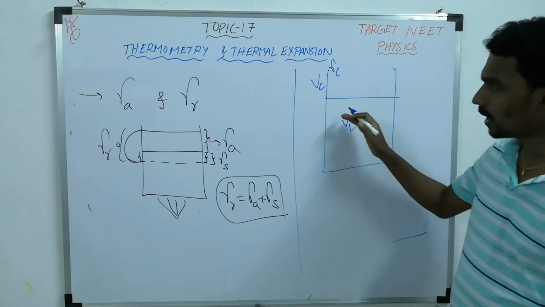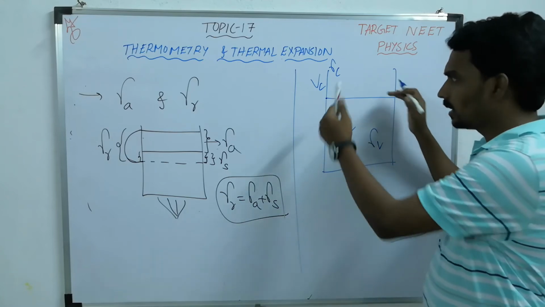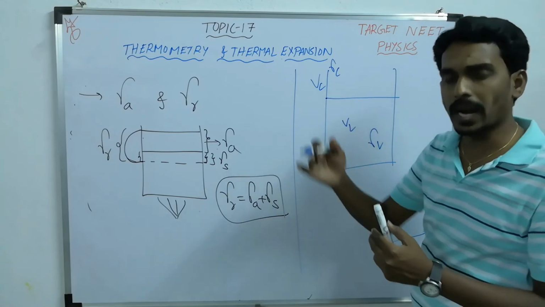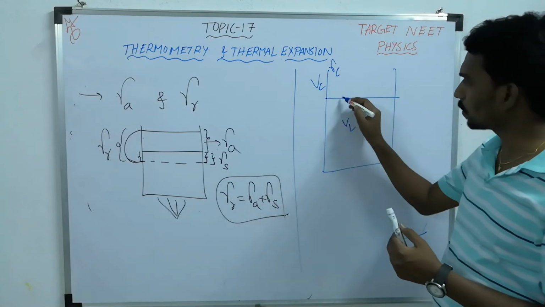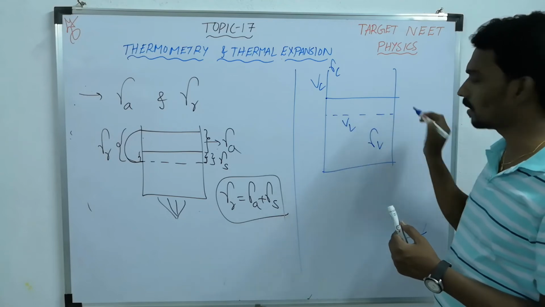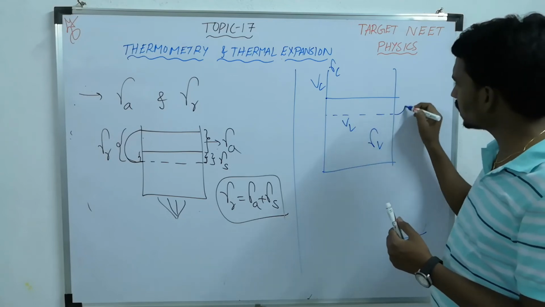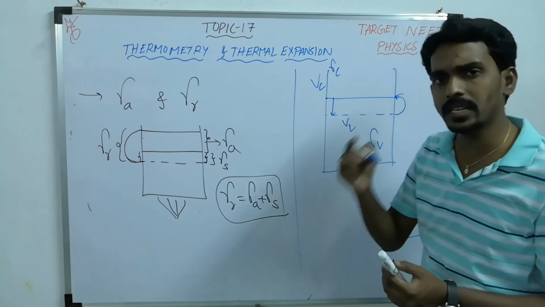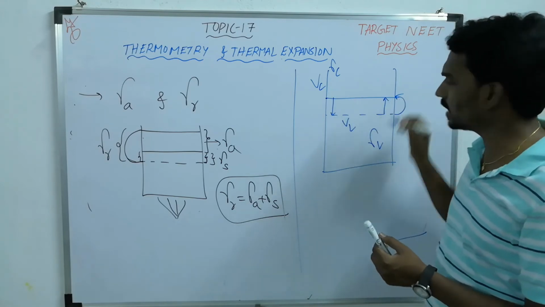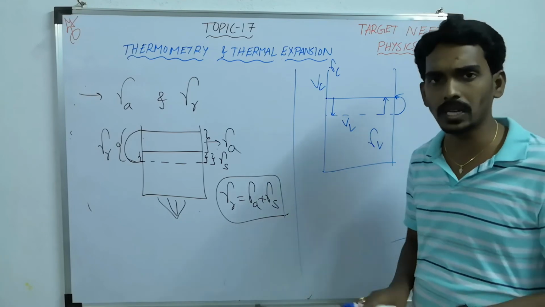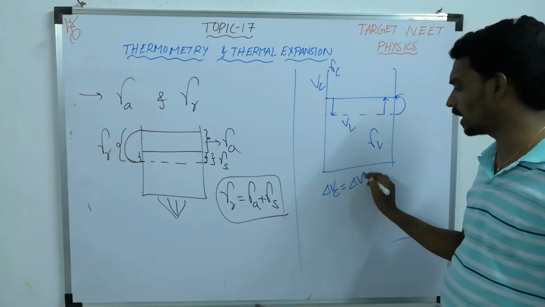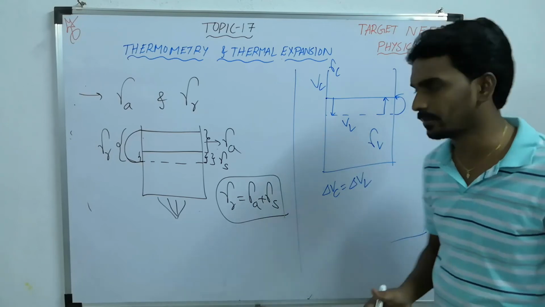That means first the solid expands, then the liquid level drops, then the liquid will expand. Suppose the liquid drops to this level first, then it increases to only this level. This is the decrease because of expansion of solid, and this is the increase in level because of expansion of liquid. That means the delta V in the container and the delta V in the liquid are both the same.